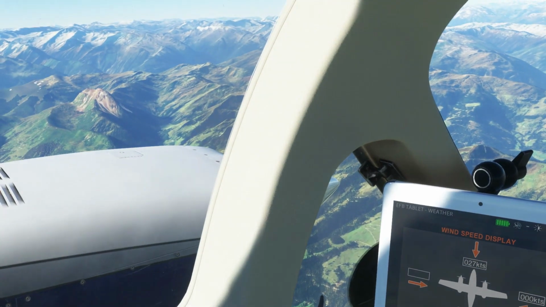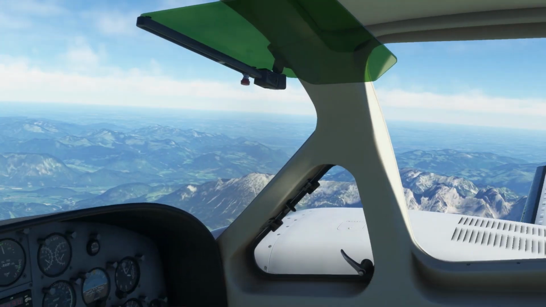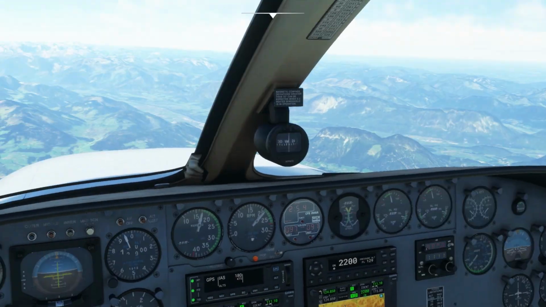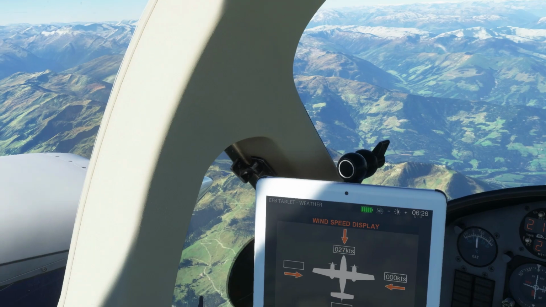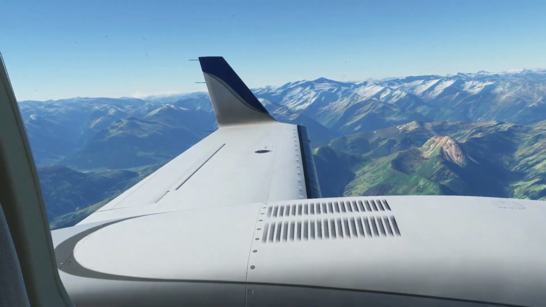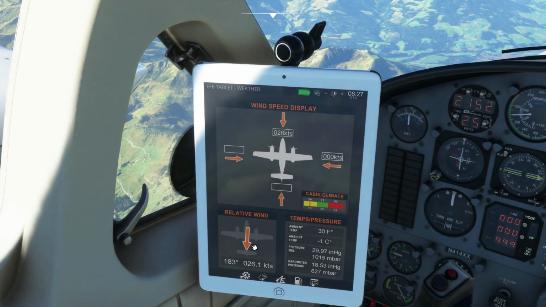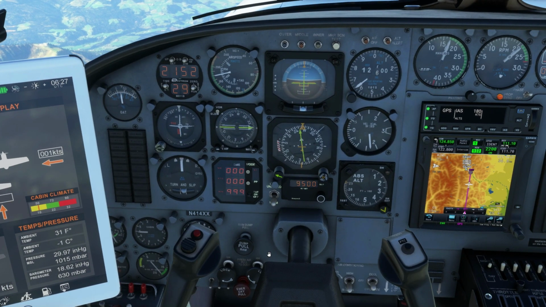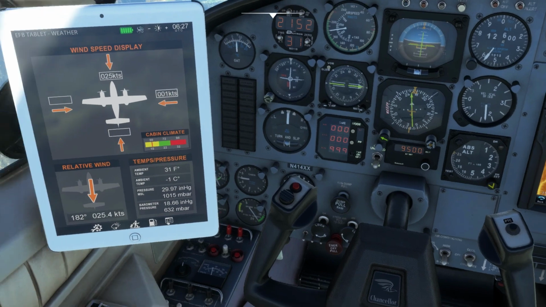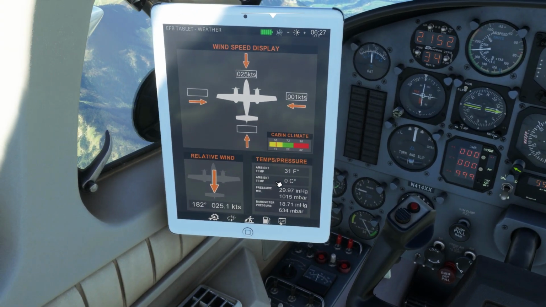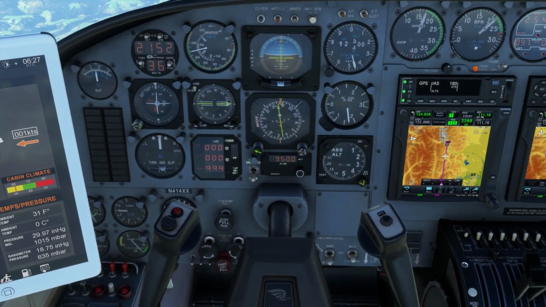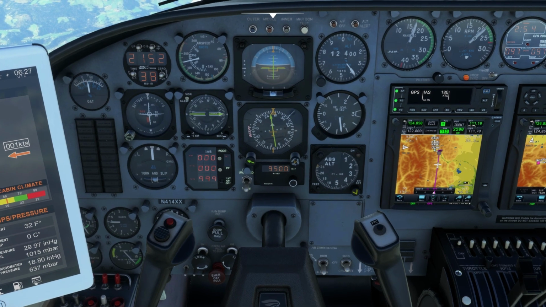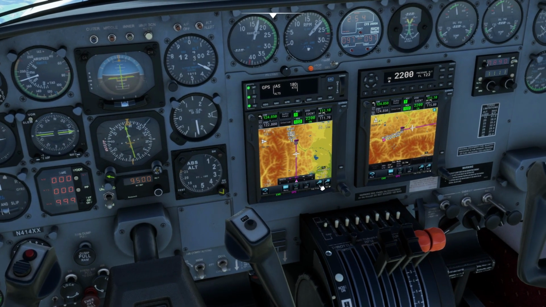We don't need any de-ice, there are no clouds, visible moisture where there is haze, but there is no danger of icing. It's definitely not a problem today.